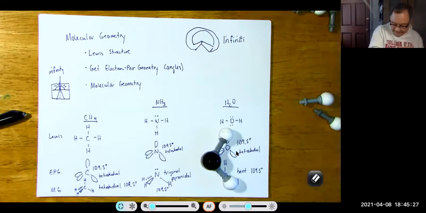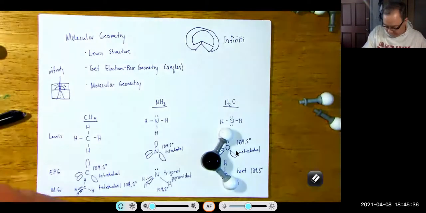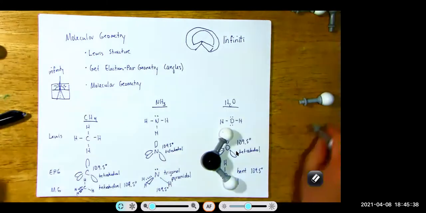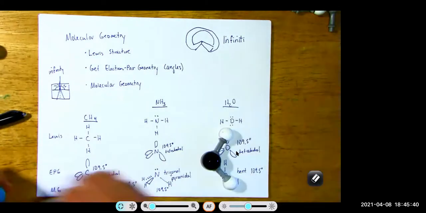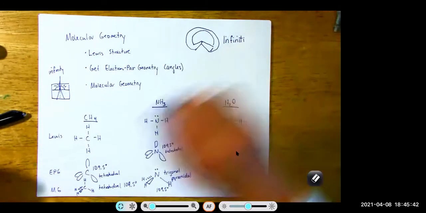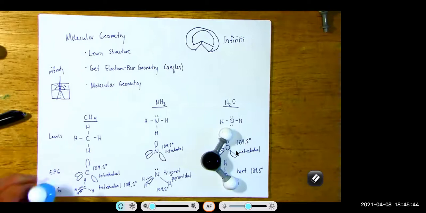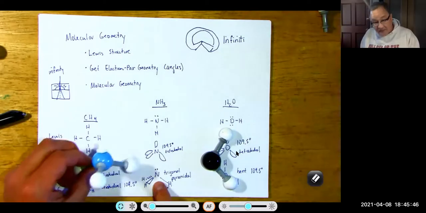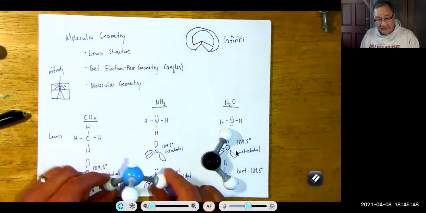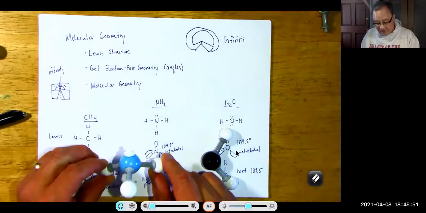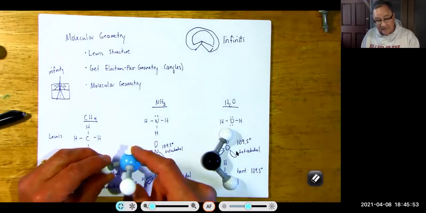Actually, let me show you this guy, and let me show you the lone pairs. Those look pretty fun. They are. I remember using those in high school. So do you see this guy here? This is what this guy looks like. Okay, yeah. So do you see the lone pair right there? Mhm.